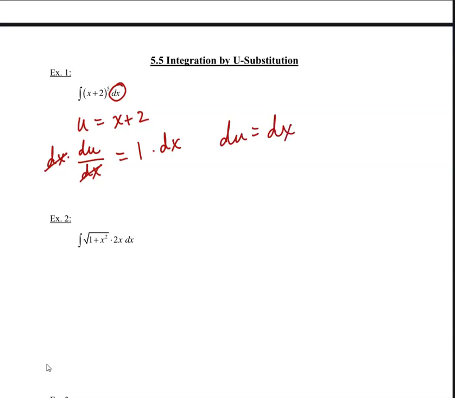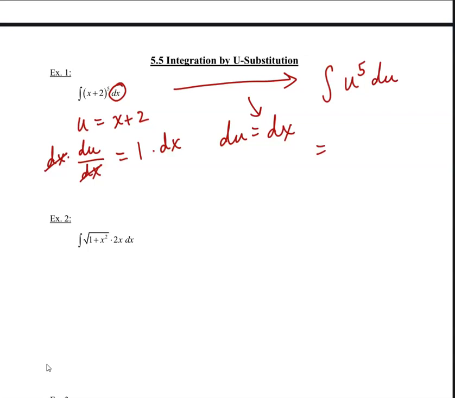Let me go back to my integrand and rewrite it in terms of u. We have the integral of, in place of x plus 2, u to the 5th power, and then the dx gets replaced with what we just said it was equal to, which is du. That gives me the integral of u to the 5th du.